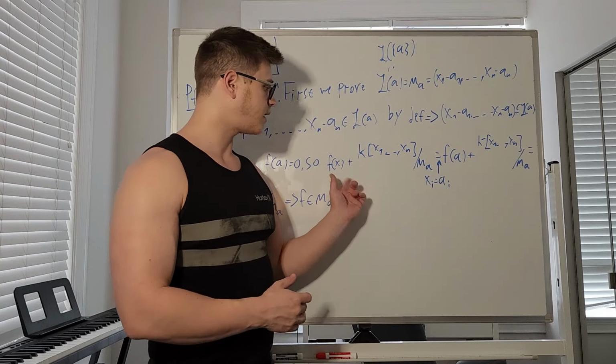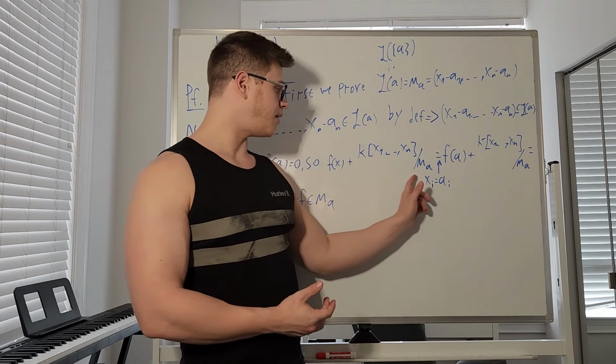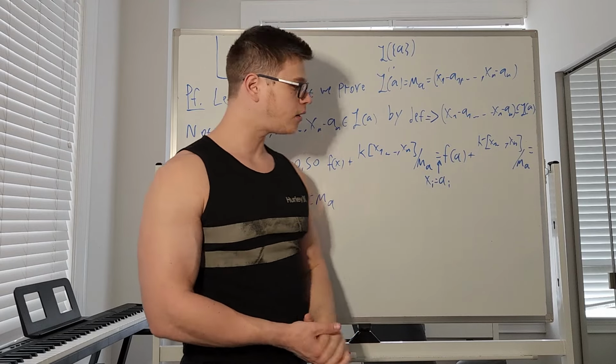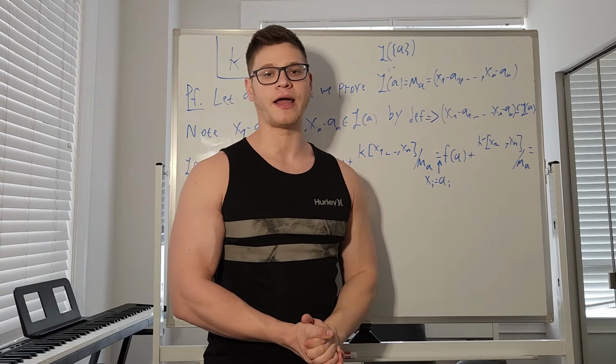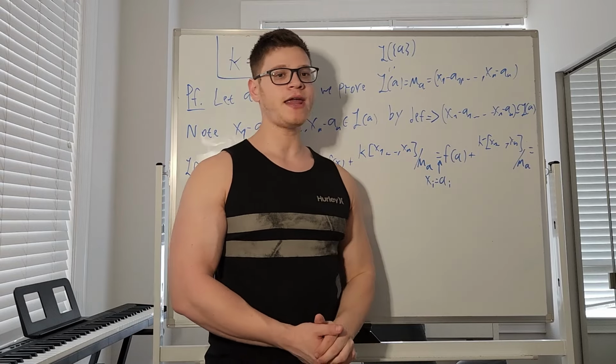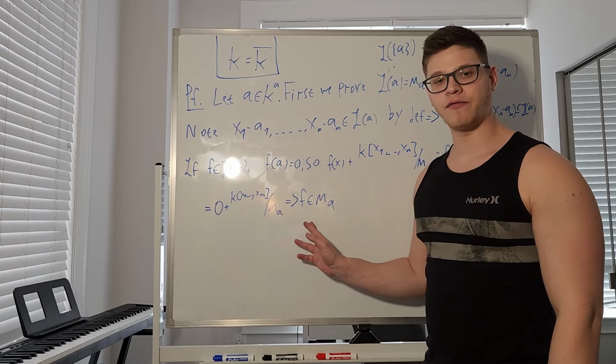So we take this projection onto the quotient. Now, in this ring, because these elements are in the ideal, we have that x_i is equal to a_i. So we get that this is equal to f(A), which is 0. So we get that f is an element of M_A.